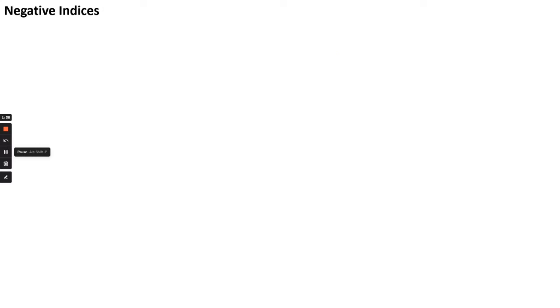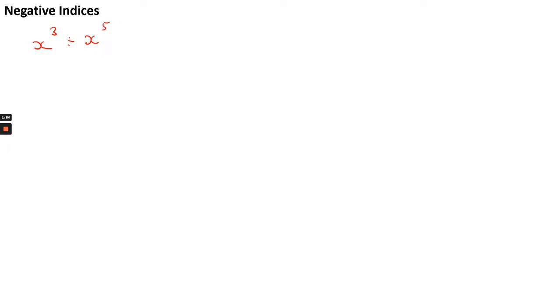So let's have a look at negative indices. Let's consider a situation where we have x to the power of 3 divided by x to the power of 5.